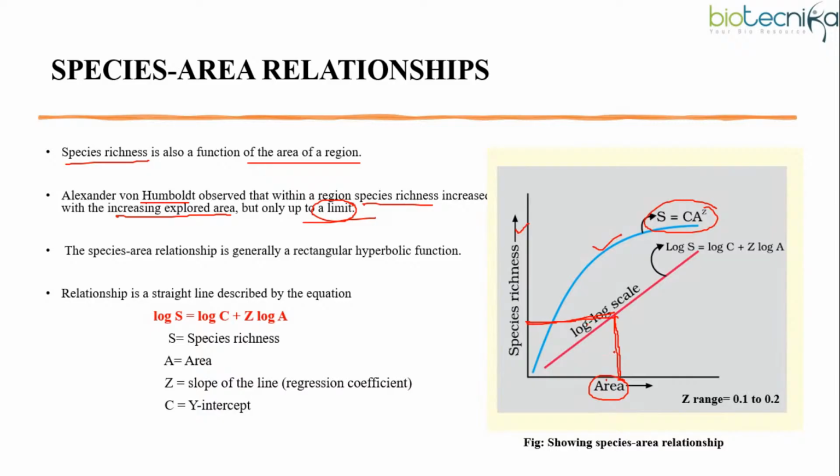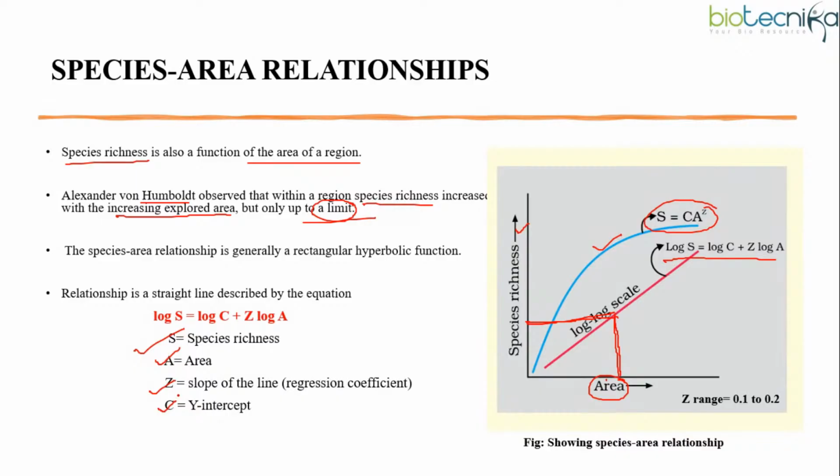And this relationship on a logarithmic scale is a straight line, and we can describe it with the equation mentioned here: log S = log C + Z log A, where S is the species richness, A is the area, Z is the slope of the line or regression coefficient, and C is the y-intercept.